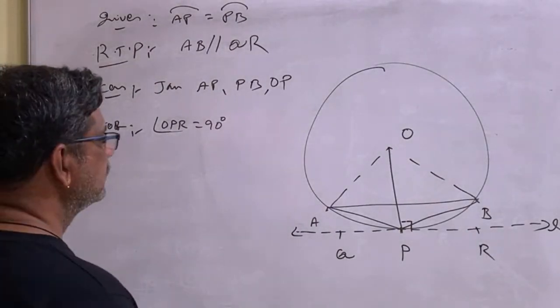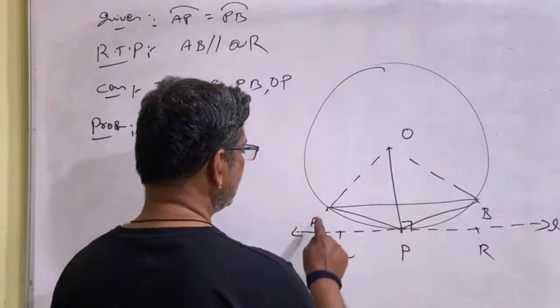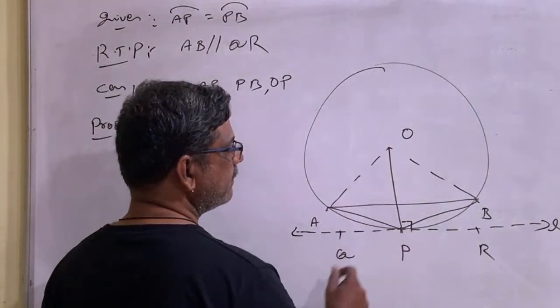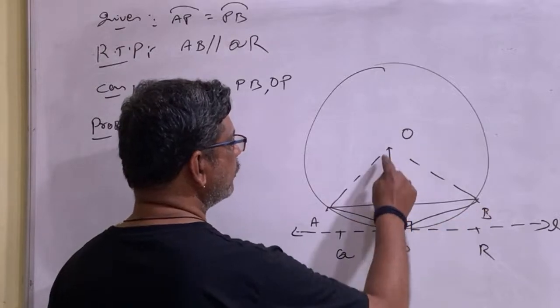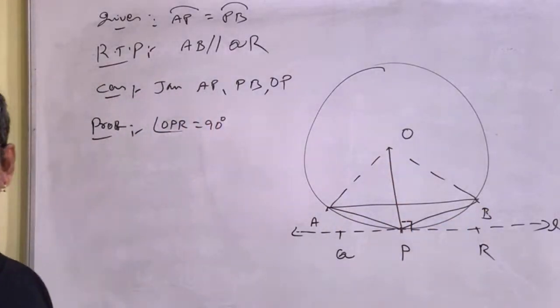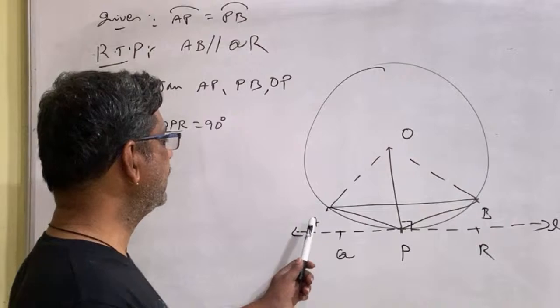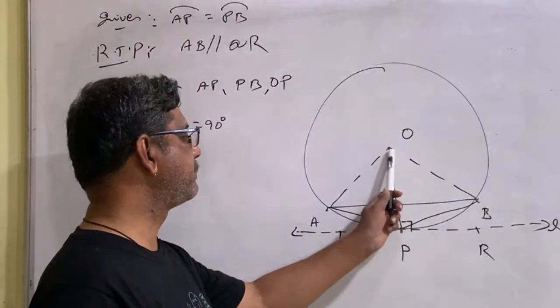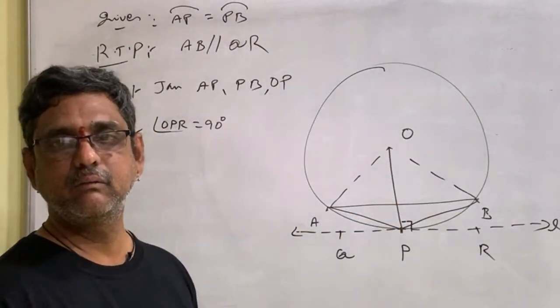Okay. Now see. Triangle AOP is congruent to BOP. Is that right? Why?